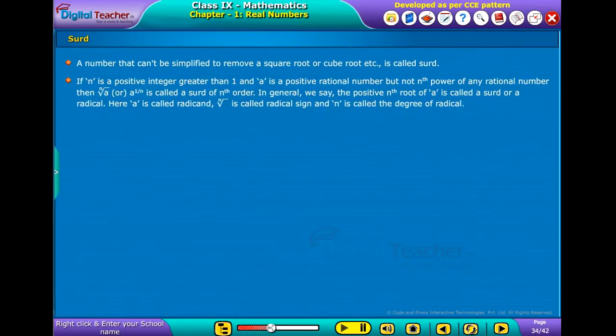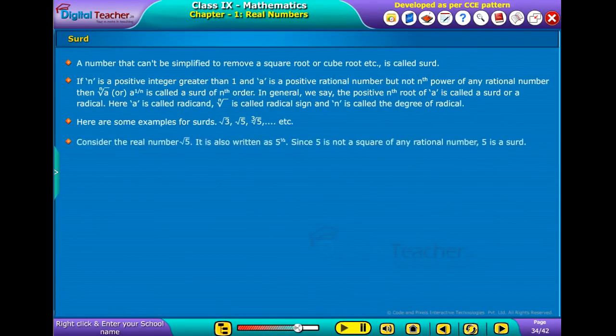In general, we say the positive nth root of a is called a surd or a radical. Here a is called the radicand, the nth root symbol is called the radical sign, and n is called the degree of the radical. Here are some examples of surds: root 3, root 5, cube root of 5, etc.